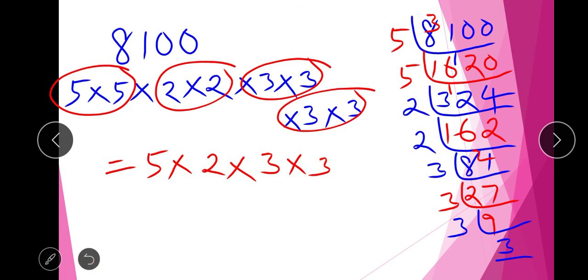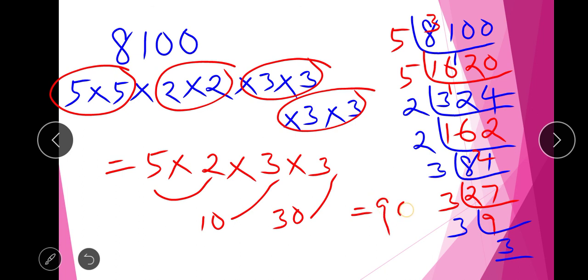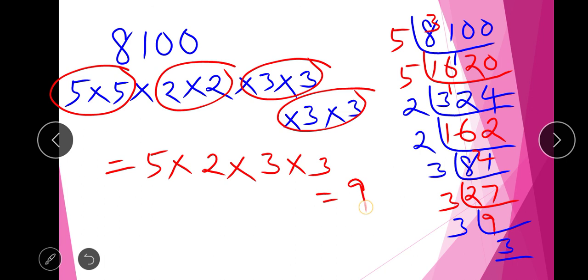Now we need to multiply. 5 twos are 10. 10 threes are 30. 30 threes are 90. So 90 is the root of 8100. Root of 8100 is 90.